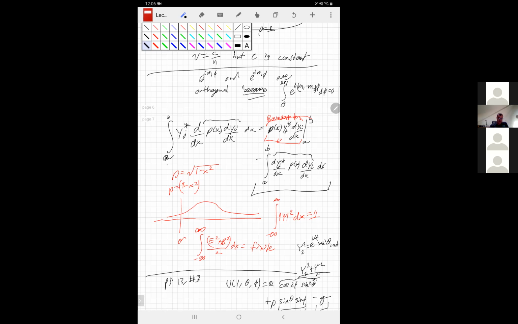We've got the derivatives of yi and yj, and that's a p of x. So this term here is symmetric. This one isn't. The non-symmetric term has to go away, which means that p and/or y and/or the derivative of y has to be 0 at the bounds.